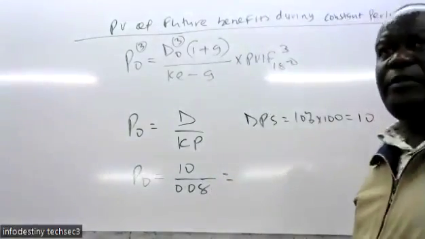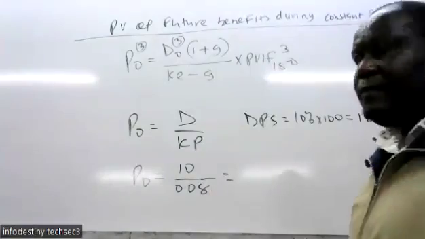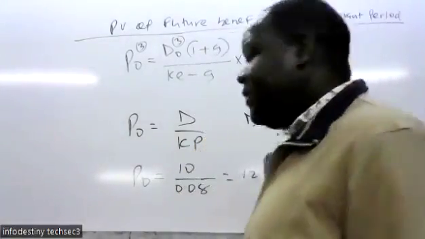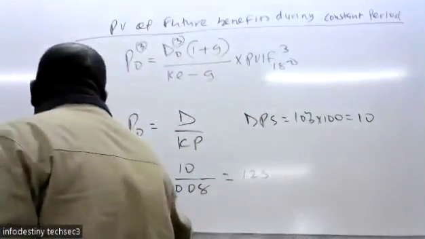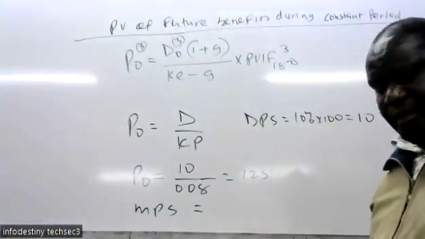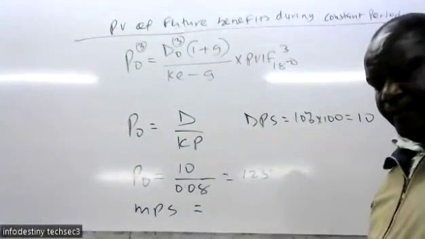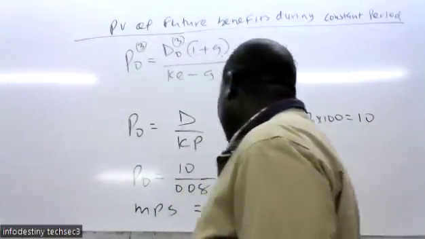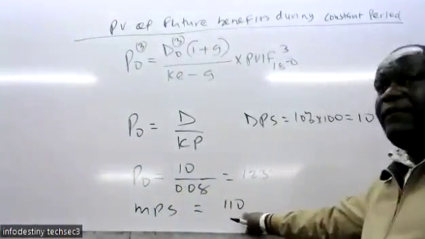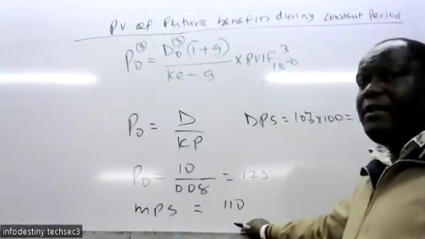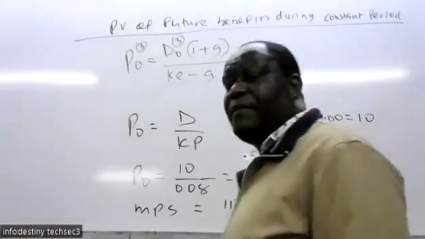It gives us 125. But the question has given you the current market price per share. They have said it is currently trading at 110. So you can see this share is undervalued because the market has given it 110, while the true value is 125.